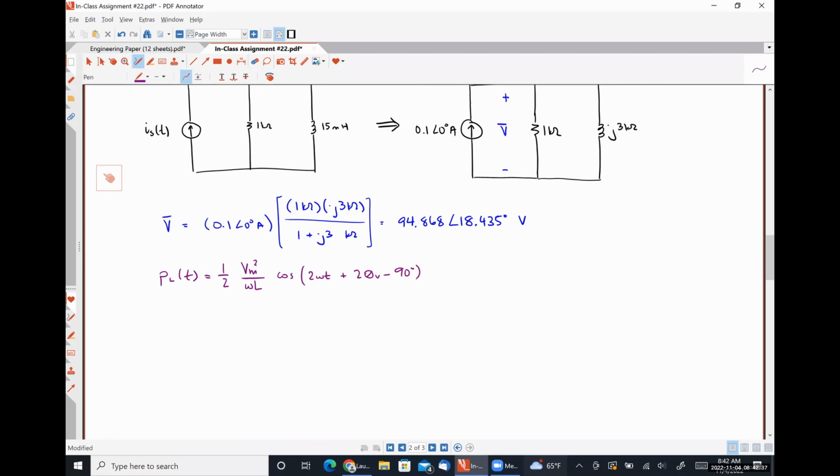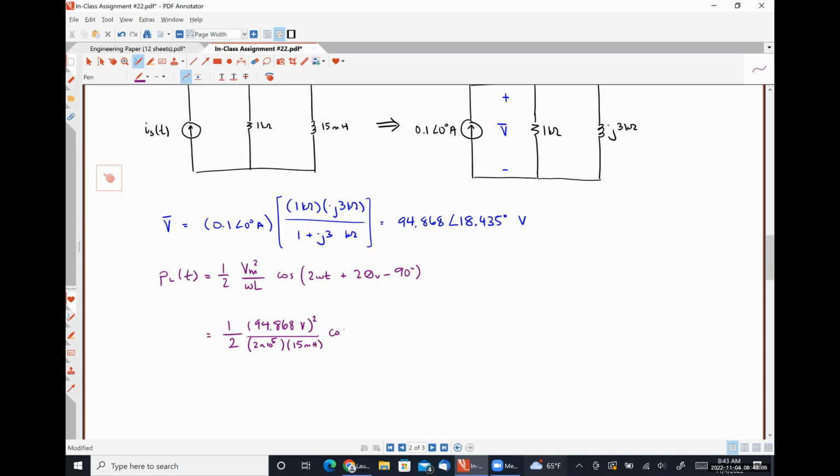So this is going to look like 1/2 times 94.868 volts squared divided by omega, which is 2 times 10 to the 5, L was 15 millihenries.